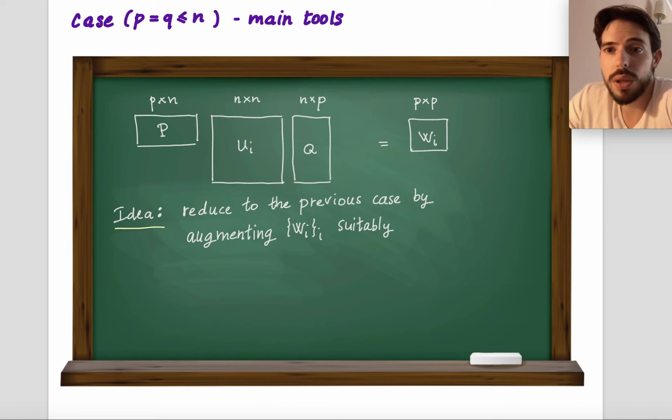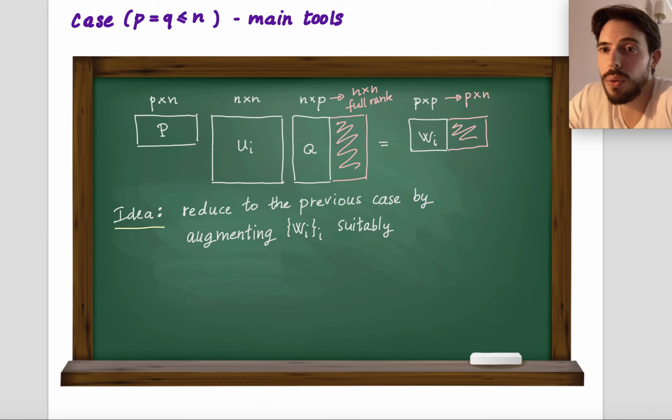Now, in order to do so, we have to augment the matrices Wi to certain P times n matrices, such that an underlying factorization is of the form P times Ui times a certain new matrix Q, which instead of having size n times P, now has size n times n and is invertible. This is precisely the syntax of the previous problem. Therefore, the use of the previous algorithm will reveal on this input the diagonal entries of Ui.